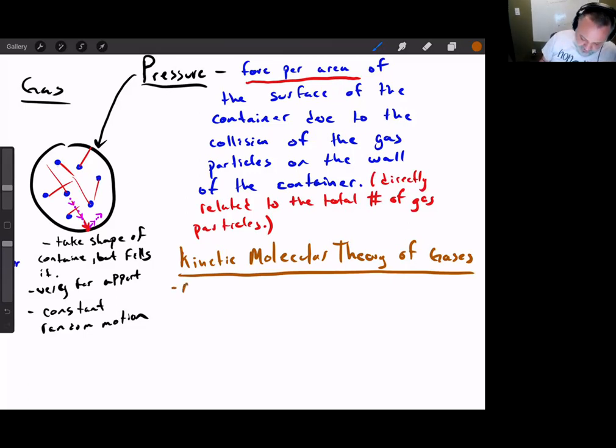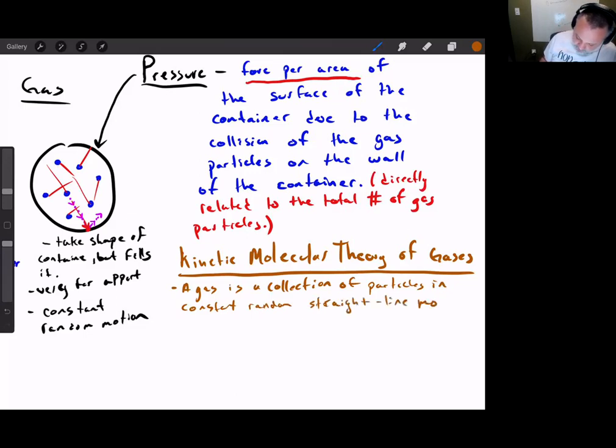So one, a gas is a collection of particles in constant random straight line motion.